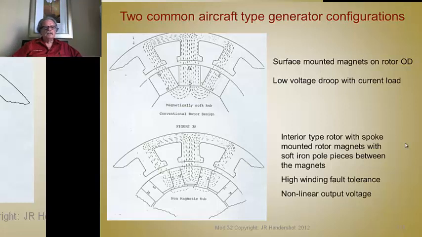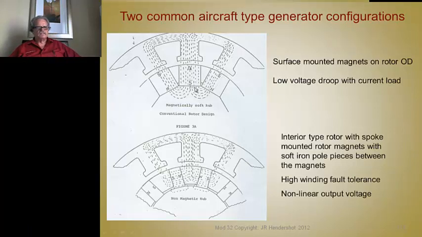They can be single phase, and there are two ways that you can arrange the magnets. Here you have the magnets arranged as normal surface magnets, and you get very low voltage droop with load. But for aircraft where fault tolerance is very important, they mount the magnets this way, like slabs here, like the samarium or the ceramic magnet motors.